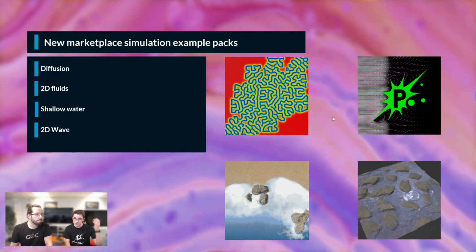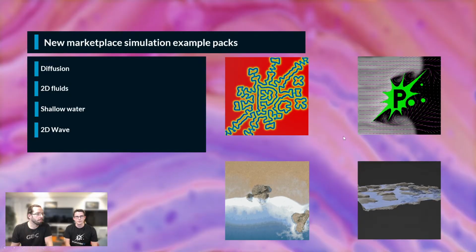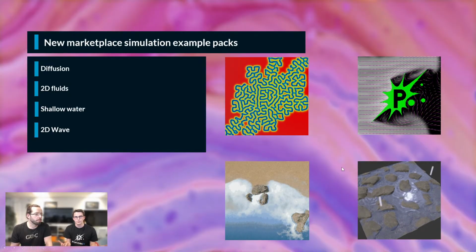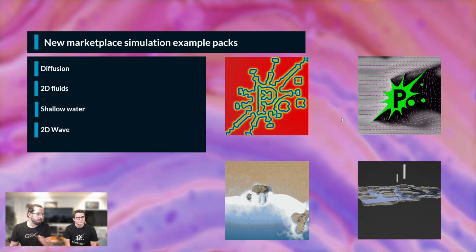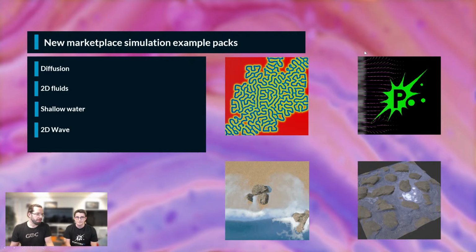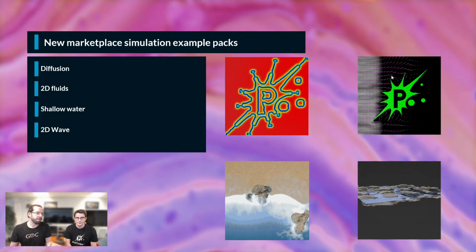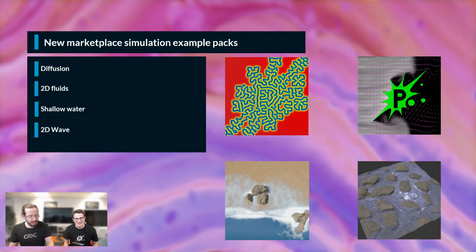All of that is real time within Popcorn using all default Popcorn nodes. Also because it runs in the standard particle sim, it can run on CPU and GPU. For those kind of sims, you probably want them to run on GPU.